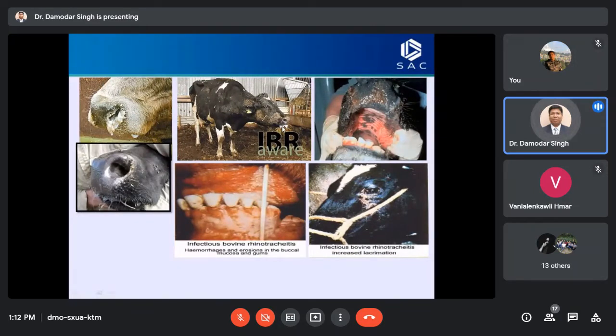Then salivation from open mouth breathing, and some other lesions in the mouth cavity. Sometimes there are erosive and hemorrhagic lesions of the buccal mucosa, sometimes on the gum as well. So that's why it may be a little confused with vesicular diseases, FMD most commonly, right?